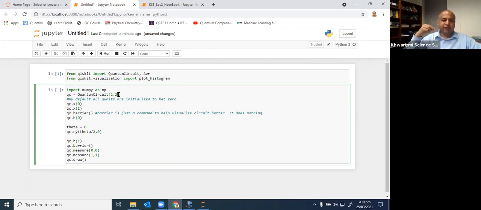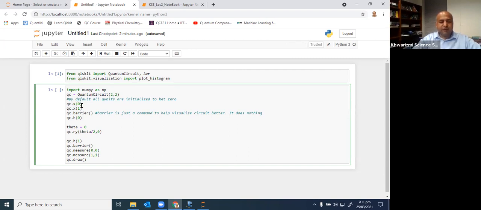So you can have a quantum circuit with only qubits, or you can have qubits and classical bits both. Qubits will hold qubits and classical bits will hold classical information. Now, the way it works in Python is that things are labeled as 0, 1, 2, 3. So indexing starts at 0. So this first command is qc.x, and in the bracket I have written 0.